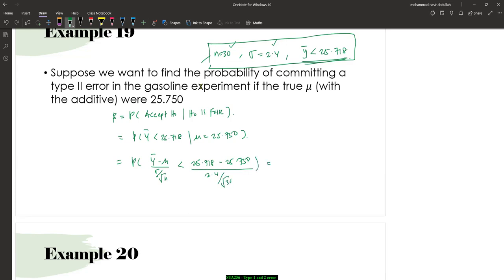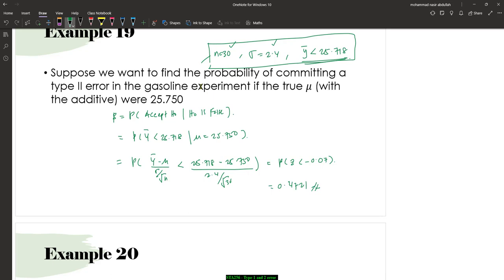Right? So this one should be equal to probability of z less than negative 0.07, right? So this one should be 0.4721. So what does it mean?